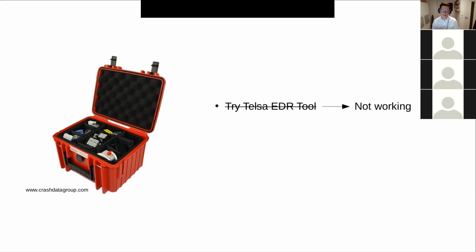However, this tool is not working. So there are different options why this is not working. Either it's not supporting the component we have to deal with, we did something wrong with the setup, or the device is actually damaged, so we are not able to collect the information through the standard way using the EDR tool.